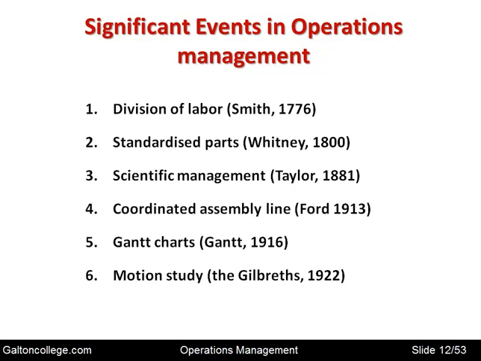There are lots of criticisms of all of these, and they're all topics unto themselves. But for the moment, in terms of operations management, these are various phases, important phases, that we've gone through.